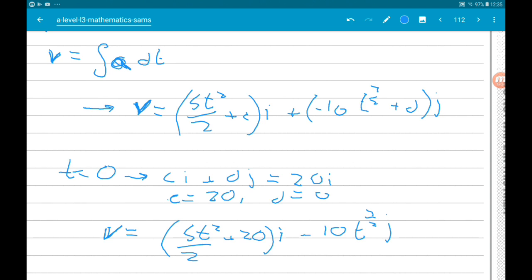Okay, now we want the speed when t is 4, so for that we need to find v when t is 4.